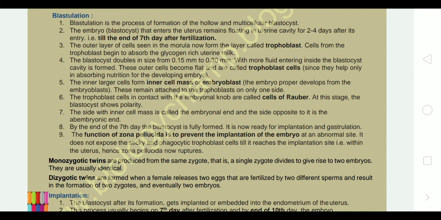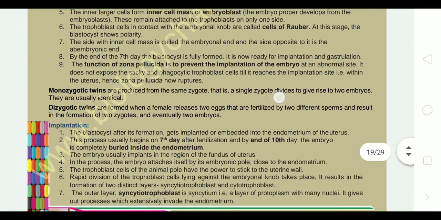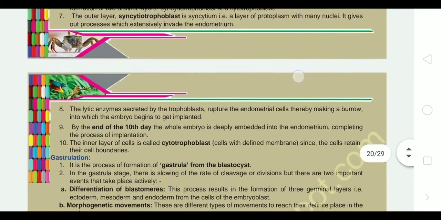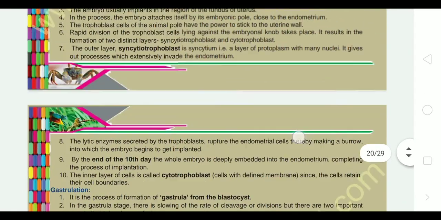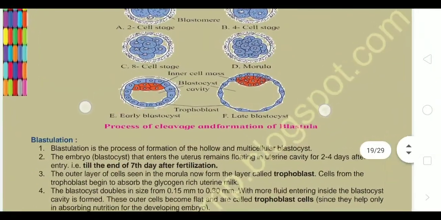Cavities form. These outer cells become flat and are called trophoblast cells, since they help only in absorbing nutrition from the developing embryo. The inner larger cells, that is the inner mass of cells, which is termed the embryoblast, which we can check here in the diagram.